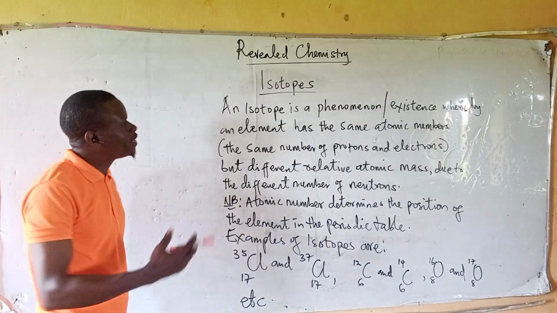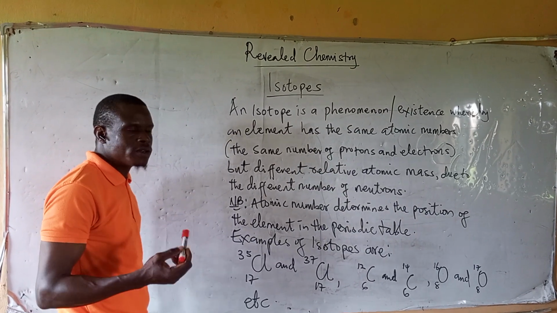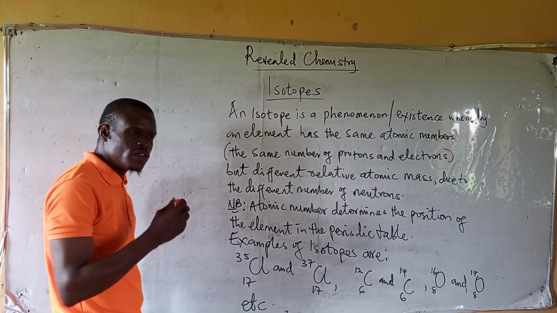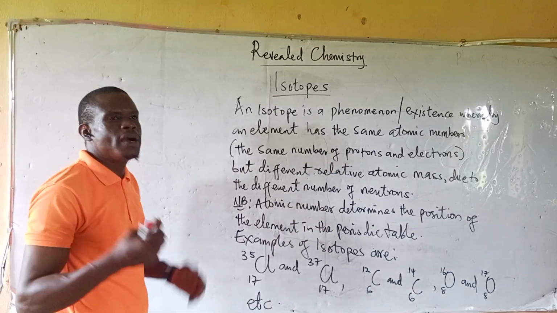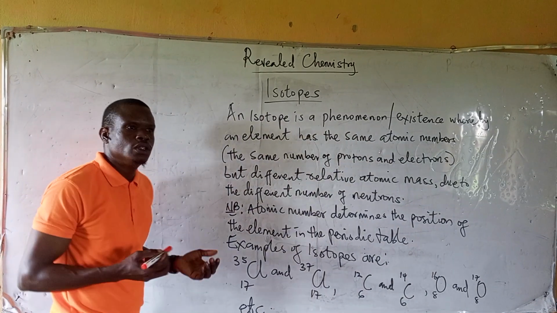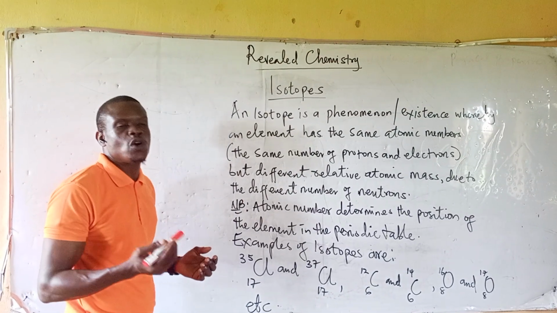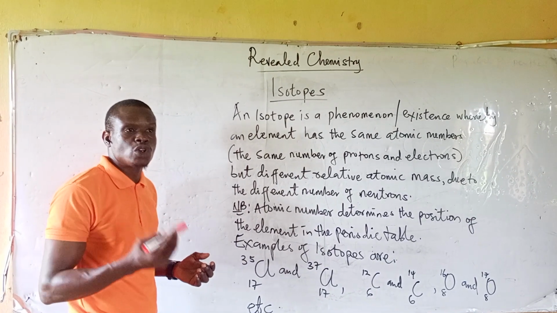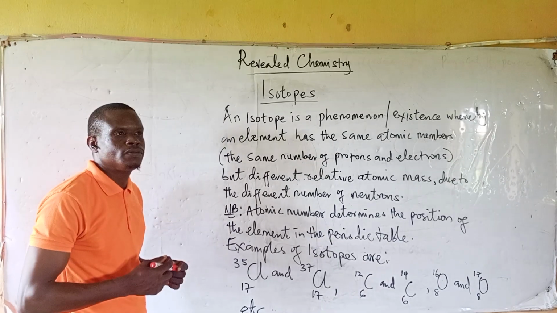Today, we'll be looking at isotopes. We talked about atoms in our previous video. Remember in our last video, I told you that an atom is the smallest particle of an element, a substance, or a species that can take part in a chemical reaction.